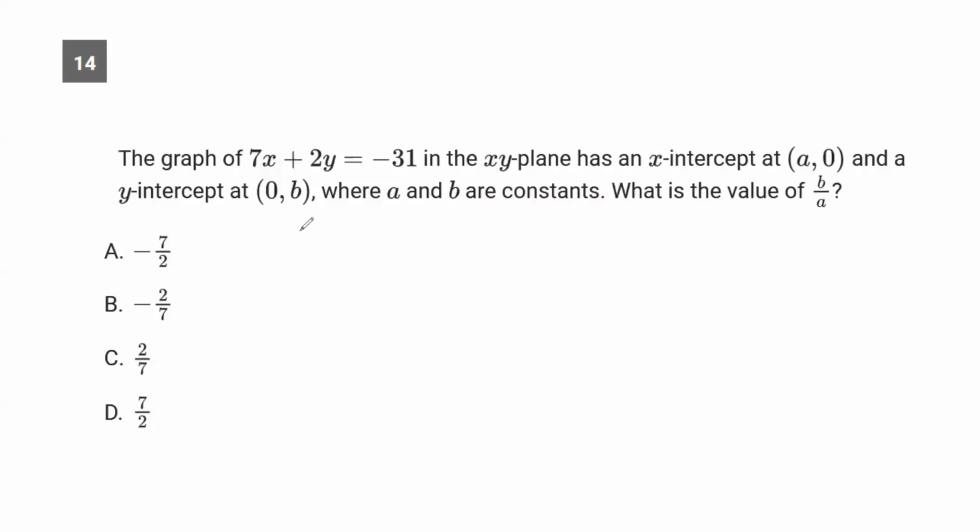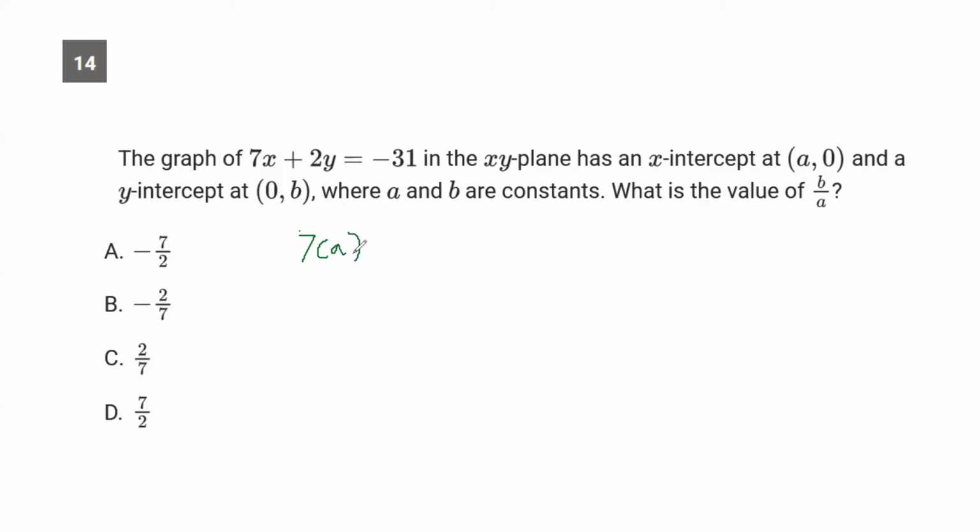Okay, the graph of 7x plus 2y equals negative 31 in the xy plane has an x-intercept at a, 0 and a y-intercept at 0, b, where a and b are constants. What is the value of b over a? Okay. So we'll do this out. We'll do 7a, right? We're going to solve for a because that's the x value.